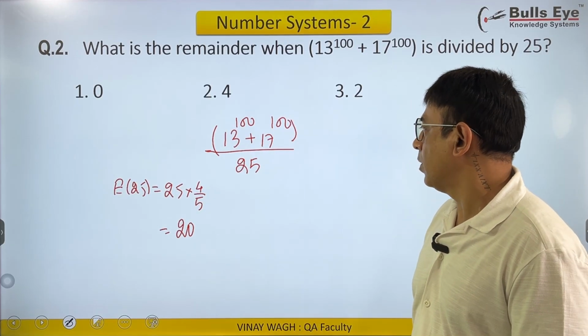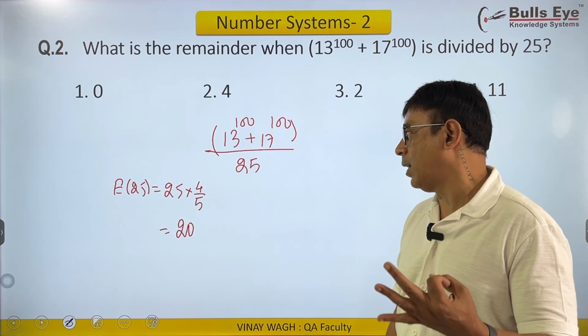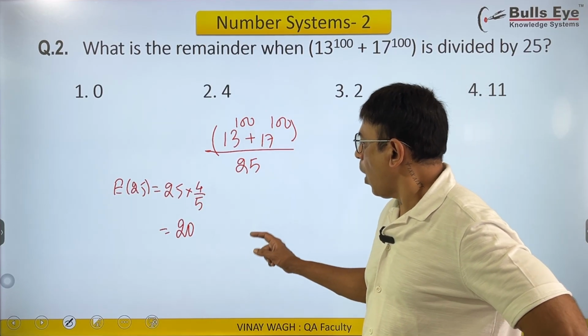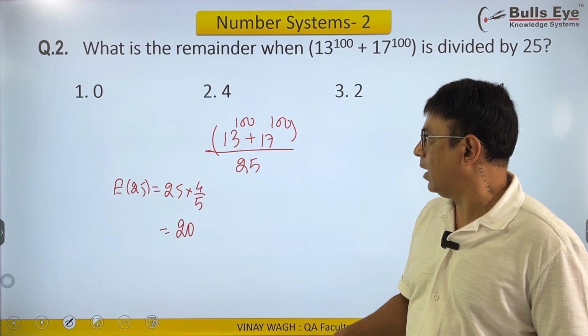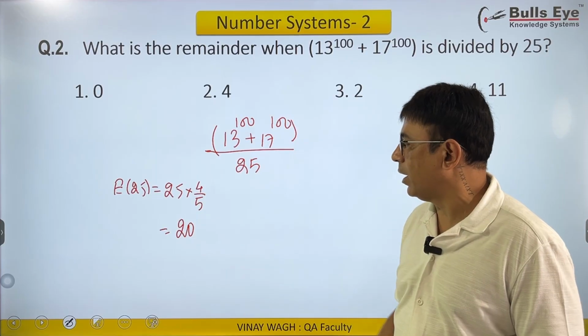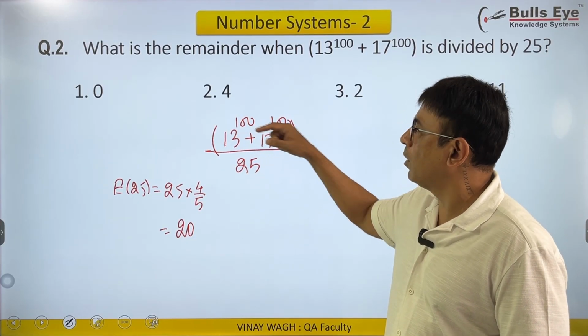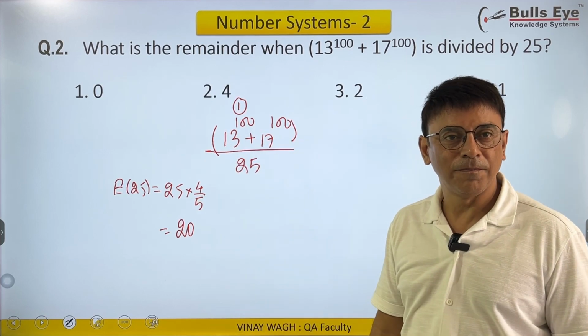So let me just check the numbers that are not co-prime: 5, 10, 15, 20 and 25. So all is well. So now, if I can express the power of 13 as a multiple of 20, which actually it is, then the remainder is 1. So this is a multiple of 20. So I can straight away write the remainder as 1.